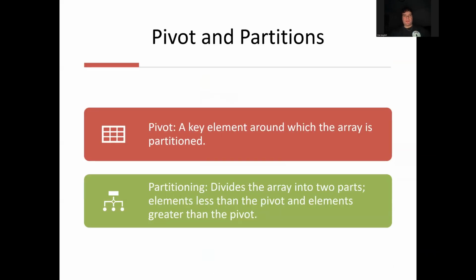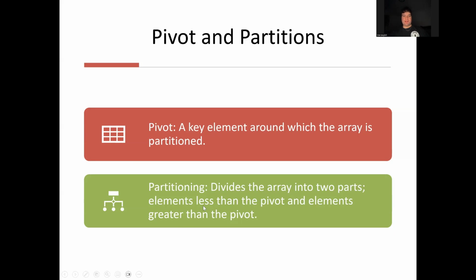There are two important steps within quicksort. We have the pivot and we have something called partitions. The pivot is a key element around which the array is partitioned.